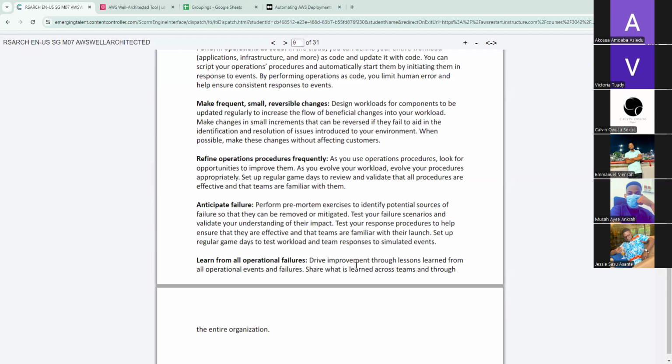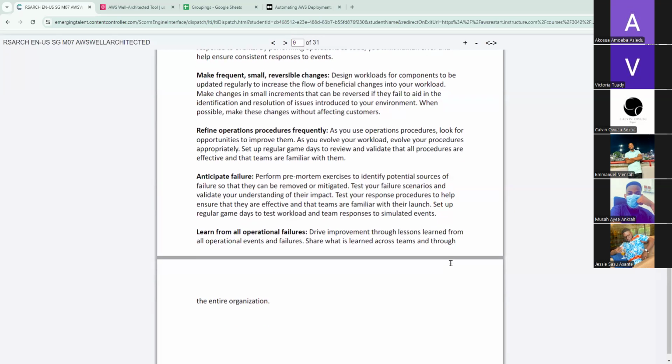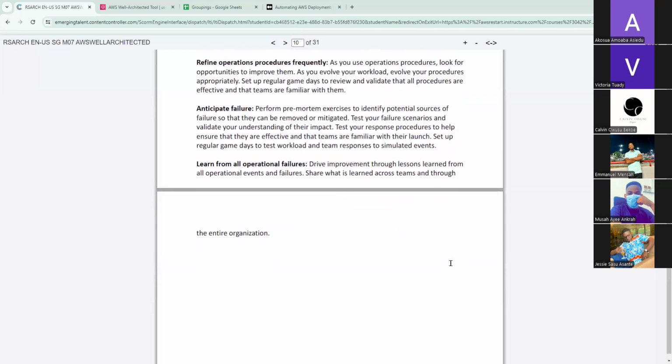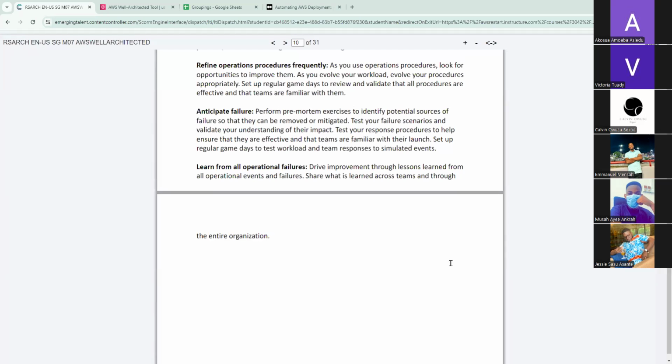And you should also be testing your response procedures, so that whenever something like that should happen, your teams are familiar and know the way to go about it. I think Gifty has spoken to us about simulations before. That is a way to make sure your team is ready whenever disaster strikes, and to learn from all operational failures.